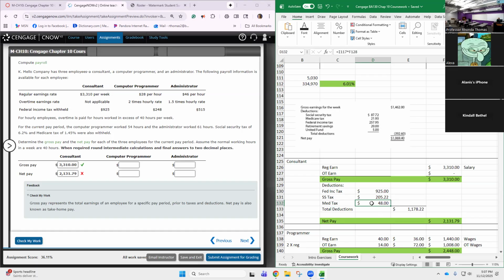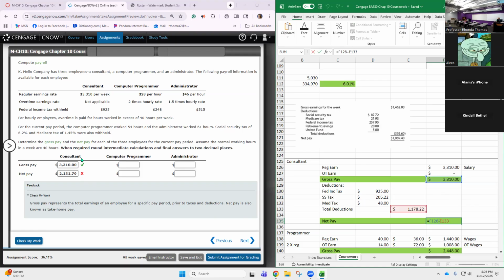My Medicare tax should be the gross pay times 0.0145. And these add up together, and I got 2131.79. Now, more than likely, it's some kind of a rounding error, unfortunately.